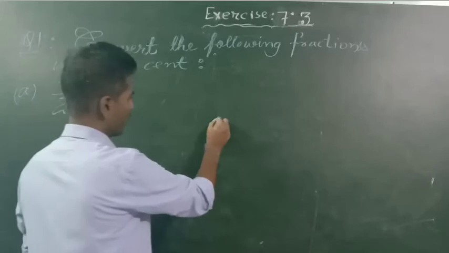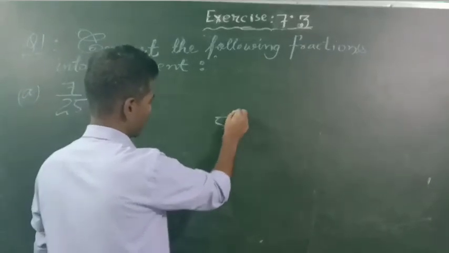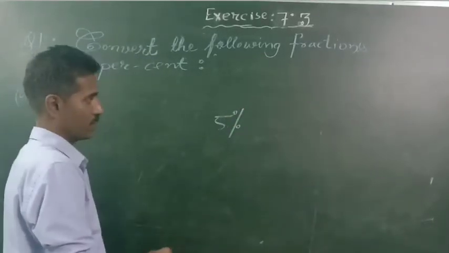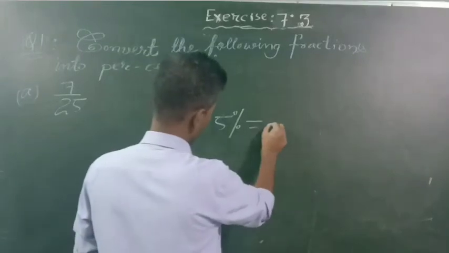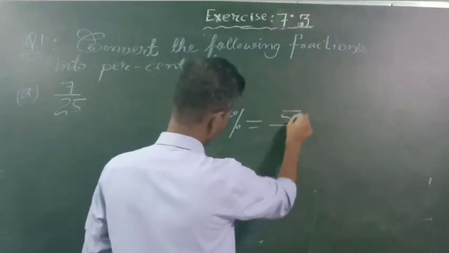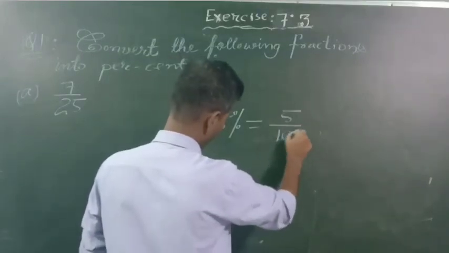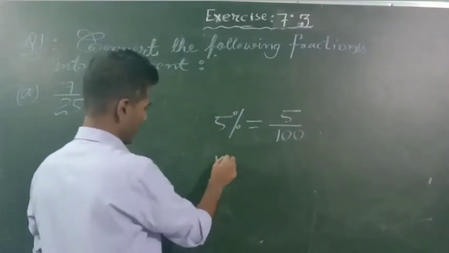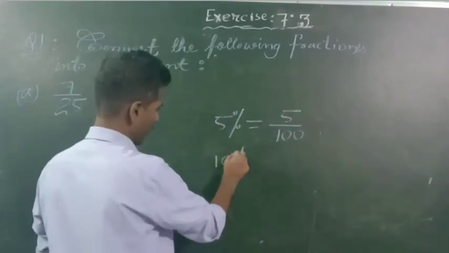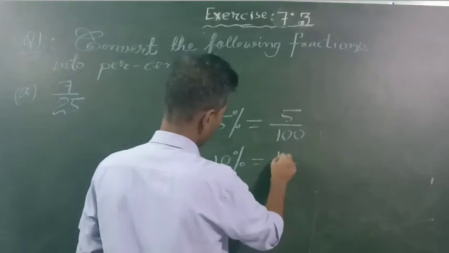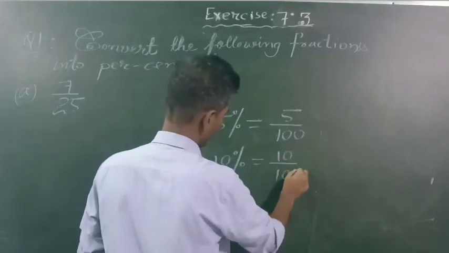Whenever we write 5%, 5% means what? 5 out of 100. If I write 10%, 10% means 10 out of 100.